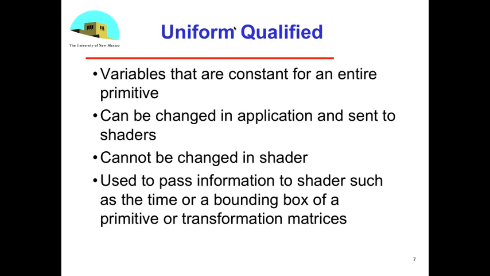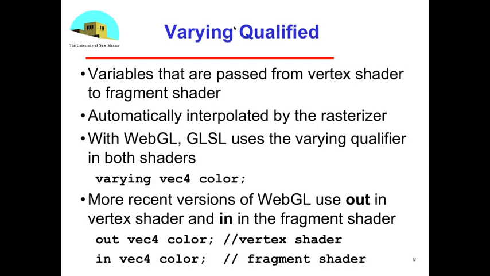uniform qualified variable. The third kind is called a varying qualified, and it seems a little weird to call something a varying variable. That's been deprecated by in and out, but the idea is this, that you set something within a vertex shader, it then goes to the rasterizer and it's interpolated.